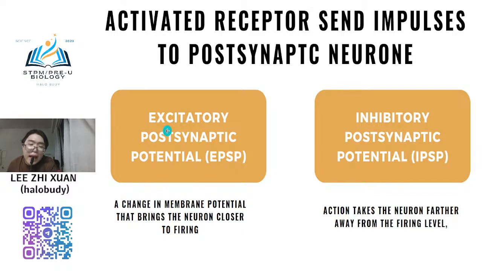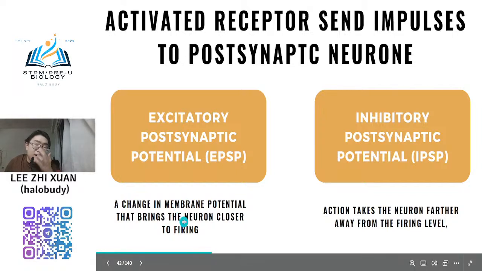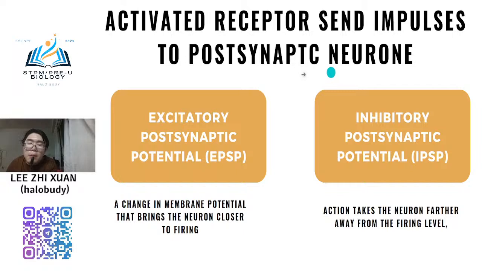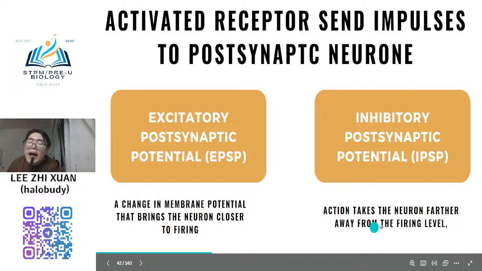Meaning that the membrane potential change will bring it closer to firing, meaning that this one will trigger the action potential of the postsynaptic neuron. But for this one, it will inhibit the action potential for the postsynaptic neuron. Meaning, you see that it takes the neuron farther away from the firing level. So firing level actually is what we call action potential.